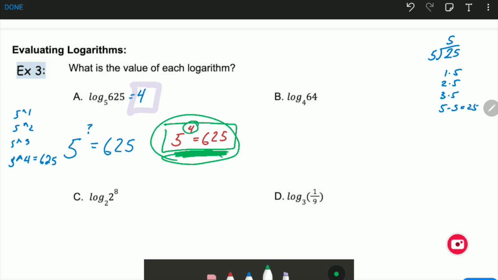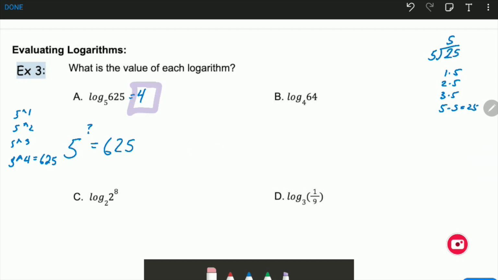We use this expression to help us figure out what the number is, to represent that thinking, posing that question, 5 to what power is 625? So I believe that's an important distinction, that the answer is 4 and not 5 to the 4 equals 625.